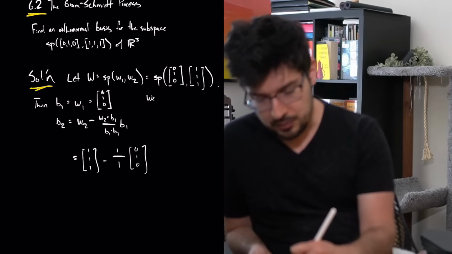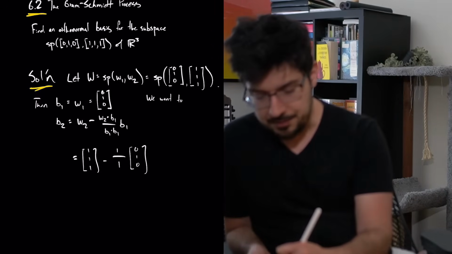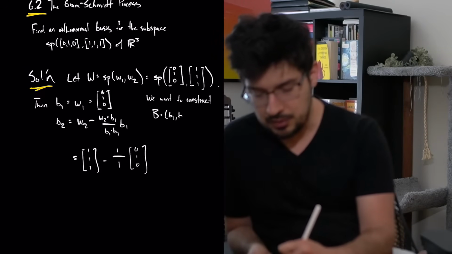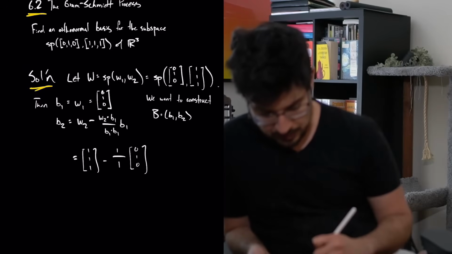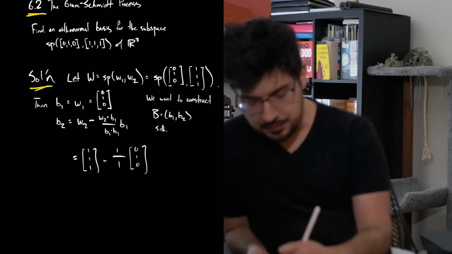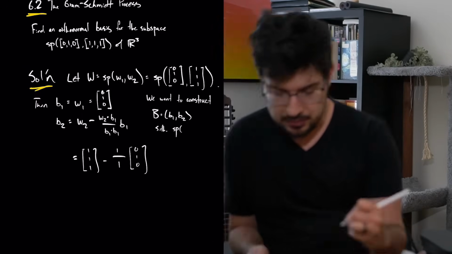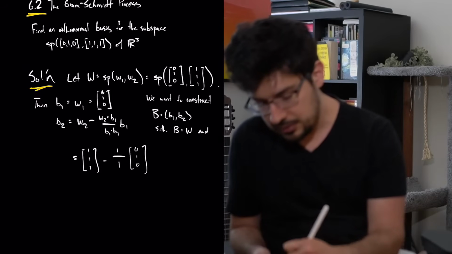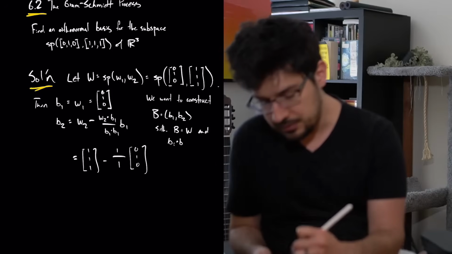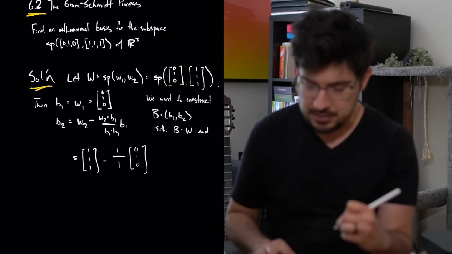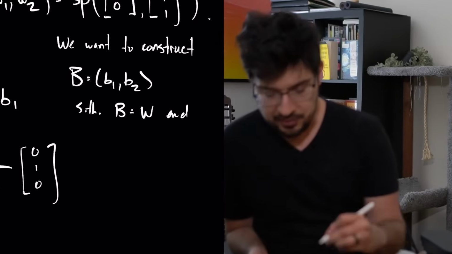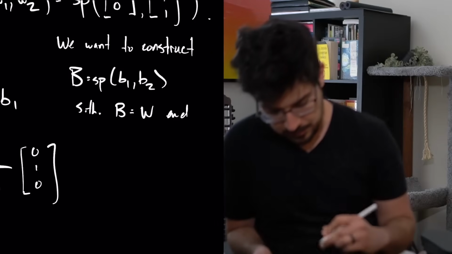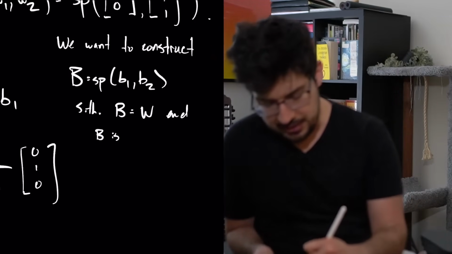but we want to construct capital B, 2 vectors, such that the span of B equals the span of W, that is, the span of basis vectors Wi equals the span of basis vectors Bi, and I'll just say B is orthonormal.